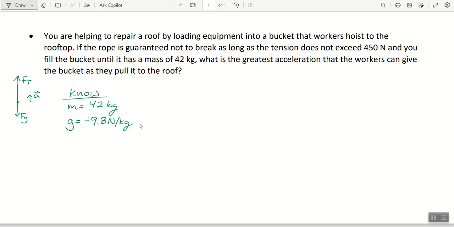So we're worried about when the force of tension is what? 450. So we're just trying to check here. I think that if we're trying to find the acceleration that it's at 450 newtons, we have that value, right? Anything else? I don't think so.